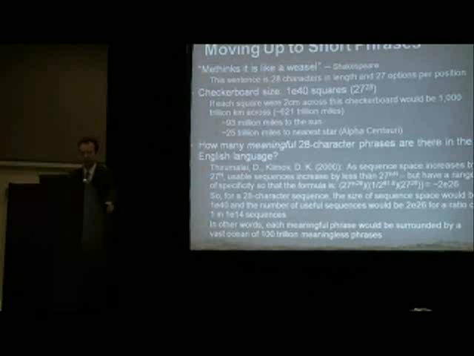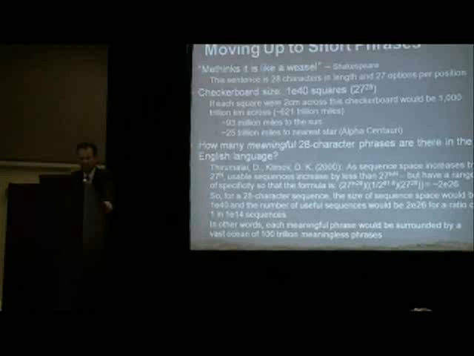You can calculate it on your own. But the result is that 28-character sequence space would only have 2 with 26 zeros after it of potentially selectable or even stable sequences, not even beneficial, just stable.